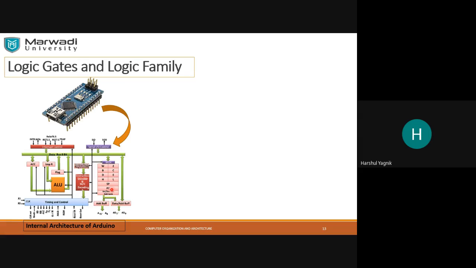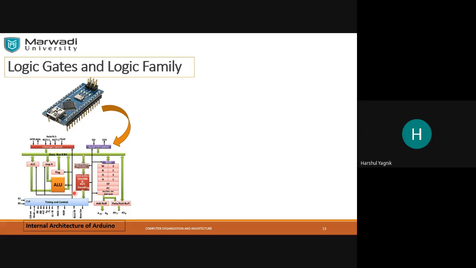It might be possible that in different microprocessors, the data bus width might change. In this case, it is 8-bit. It might be 16-bit or 32-bit, right? So some specifications might change, but basic building blocks will always be there.